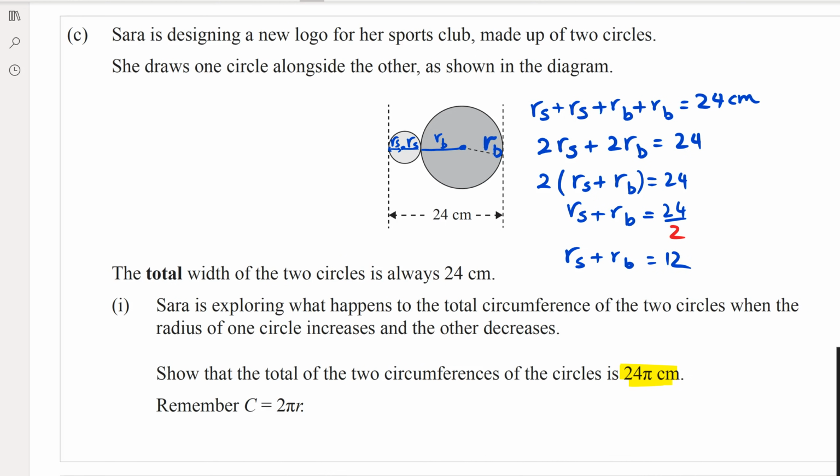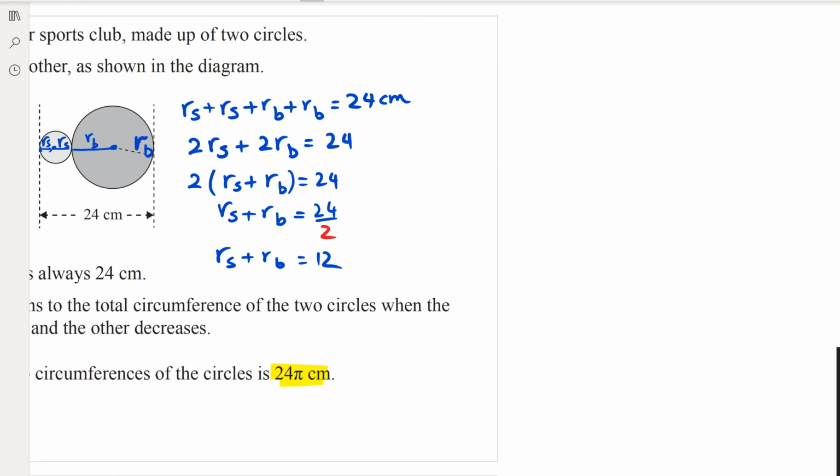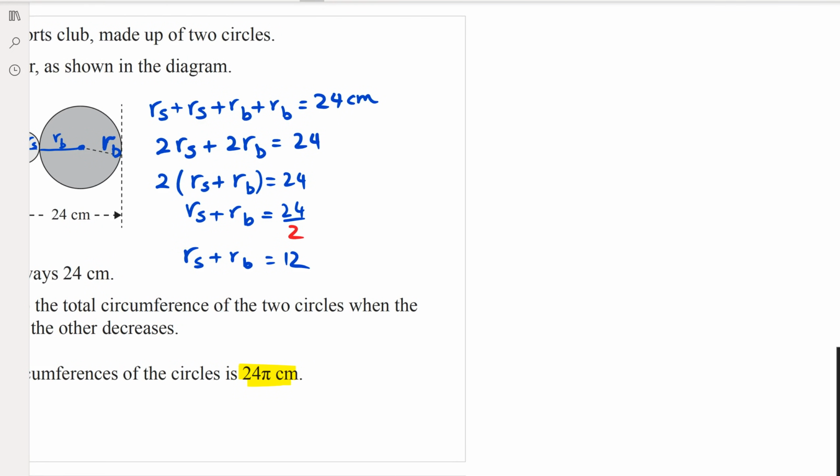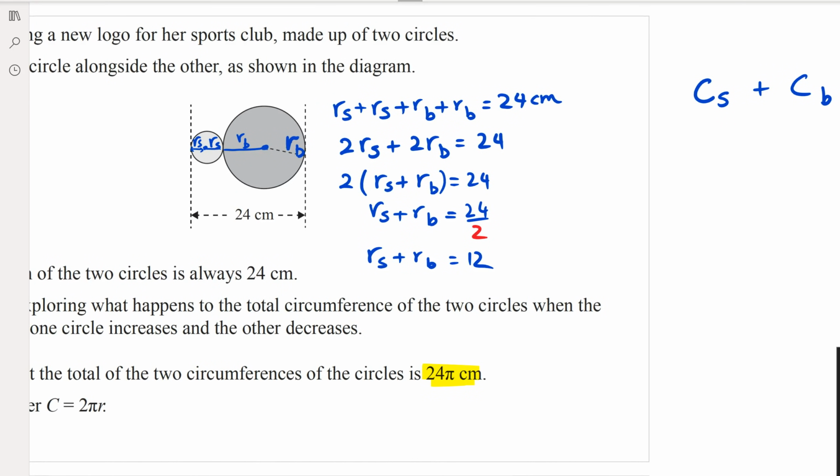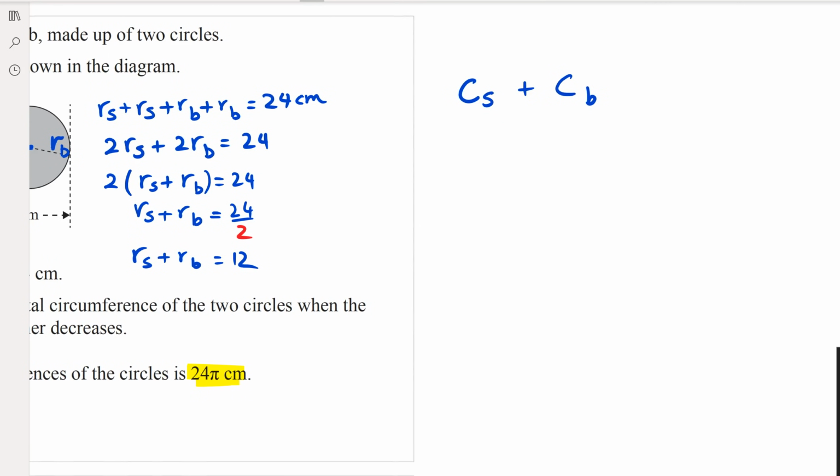So once we get that, now we can work out the circumference of the circle. Because for the circumference of the two circles, you're going to have circumference of the small circle plus circumference of the big circle is what we're trying to figure out. Now we know what the circumference equation is, because it's given to us right about here, 2 pi r. So I'm going to write this as 2 pi rs plus 2 pi rb.